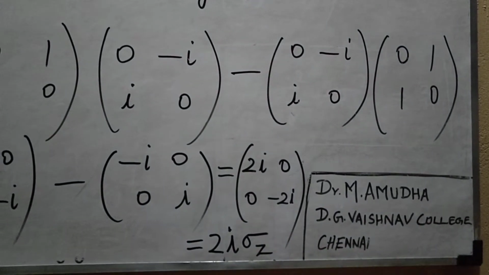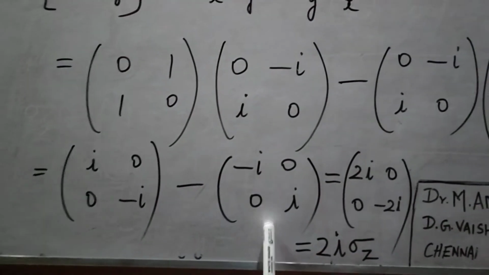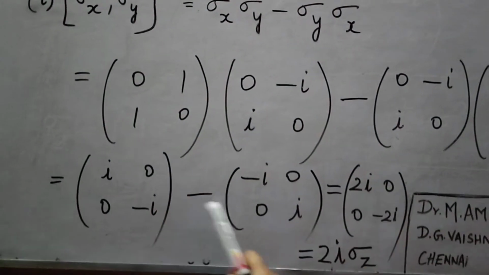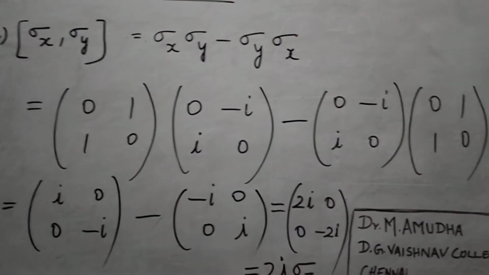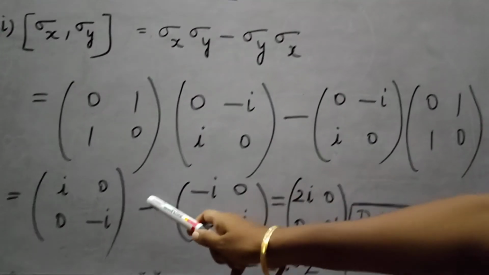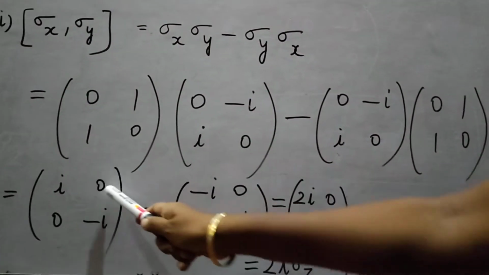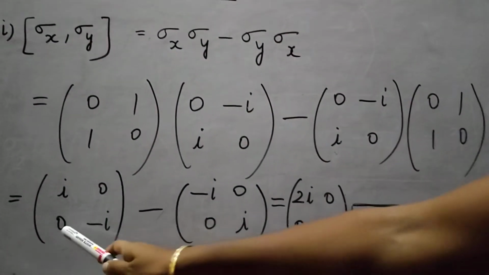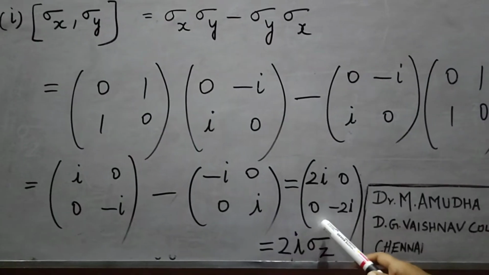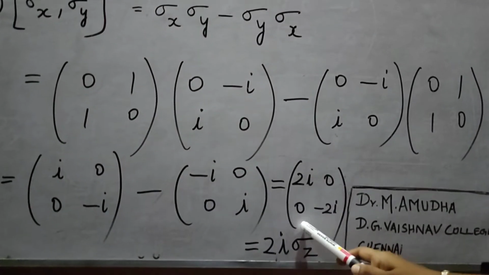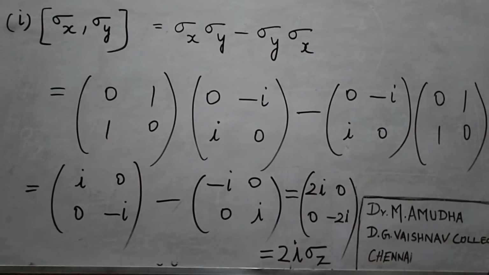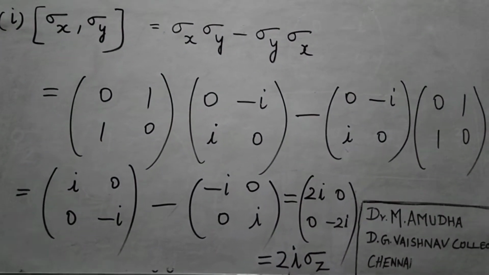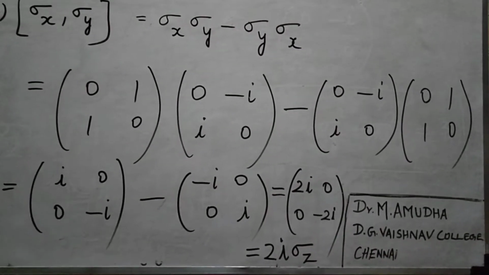Okay. So, now what you have to do is matrix subtraction. Subtract these two matrices. So, i minus of minus i becomes plus. So, i plus i, 2i. Here 0 minus 0 is 0. 0 minus 0, so in this position 0 comes. Minus i minus i becomes minus 2i.